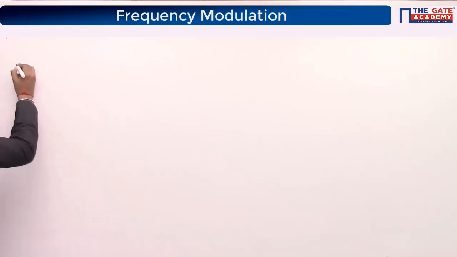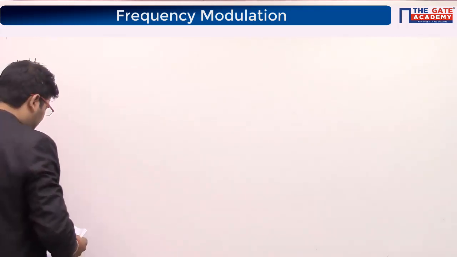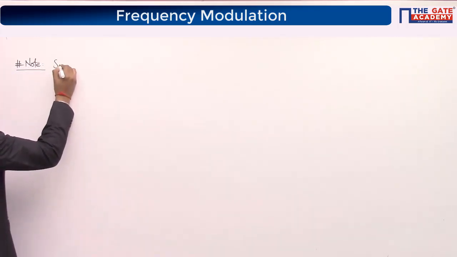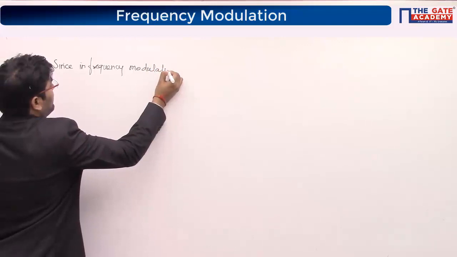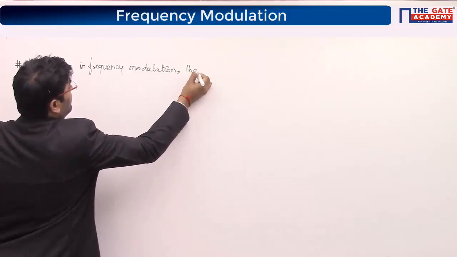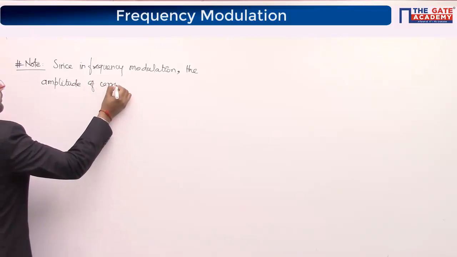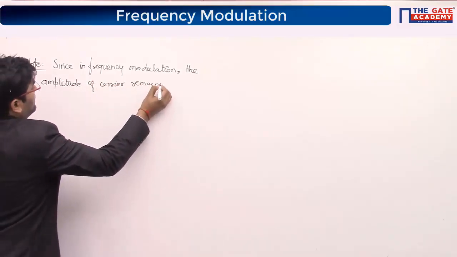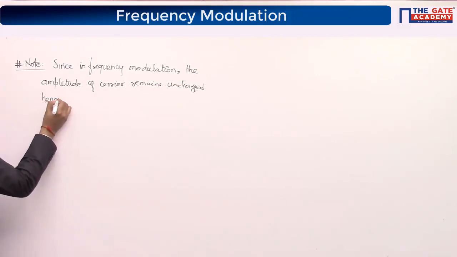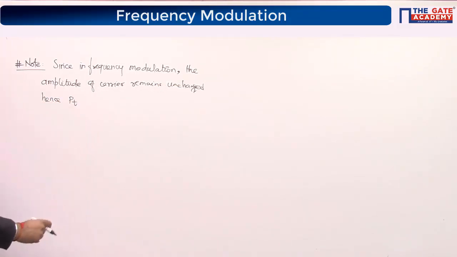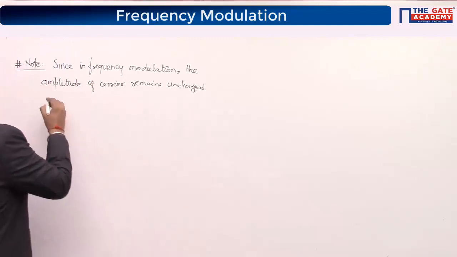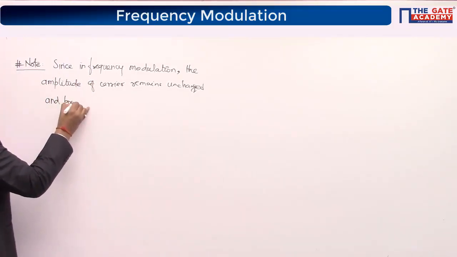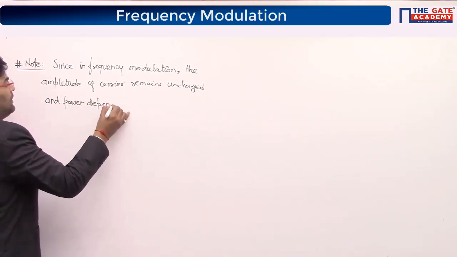Anyways, write that point as a note. Since in frequency modulation the amplitude of carrier remains unchanged, hence total power remains unchanged, and power depends on the amplitude only.